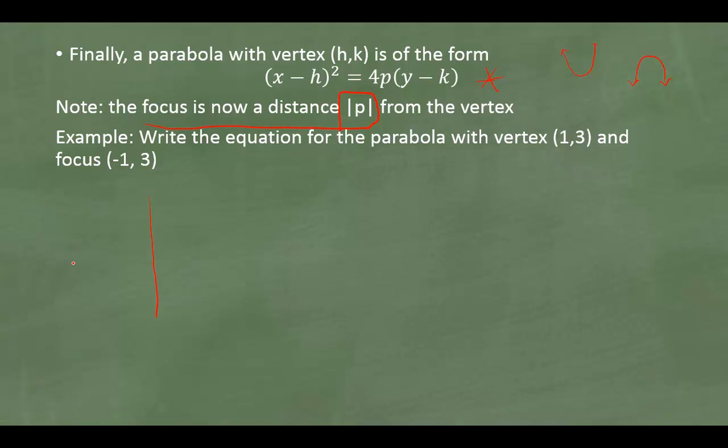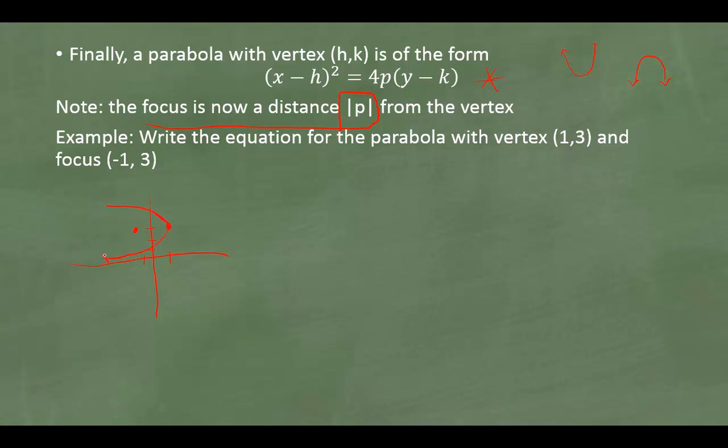I'm going to draw a graph. I'm going to put the vertex (1, 3). Focus is (-1, 3). So if this is the vertex and that's a focus, the parabola has to open to the left like that.